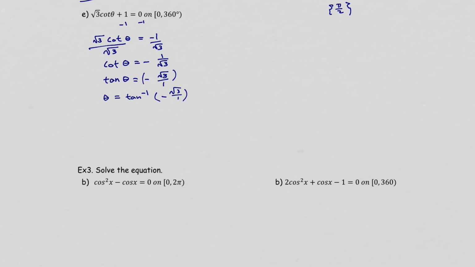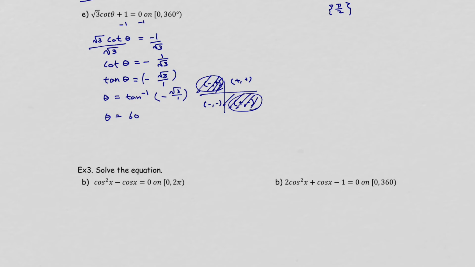And which angle gives you tangent square root of 3 over 1? That's going to be 60 degrees. Tangent, when is the tangent negative? This is positive, positive. This is negative, positive. Negative, negative, and positive, negative. Your tangent is negative in these 2 quadrants, right?